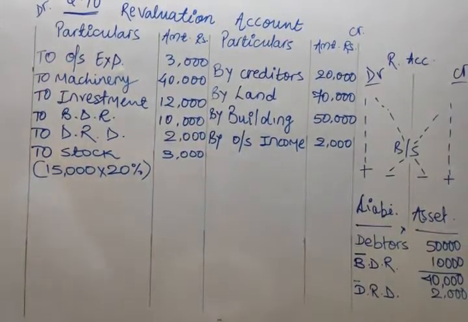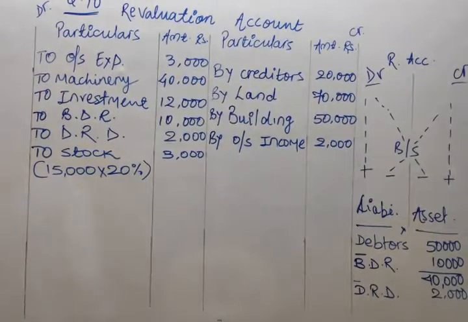Just giving you 10-15 seconds. Go through the adjustments properly. Check these tricks. The trick given to you is very simple. Asset plus straight, liability straight minus cross.